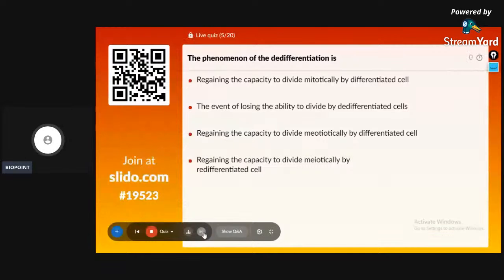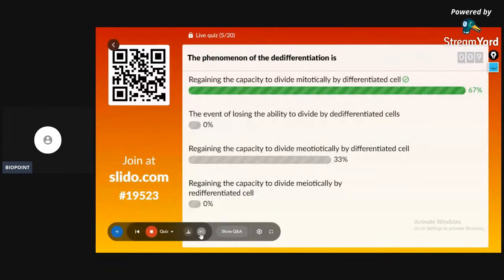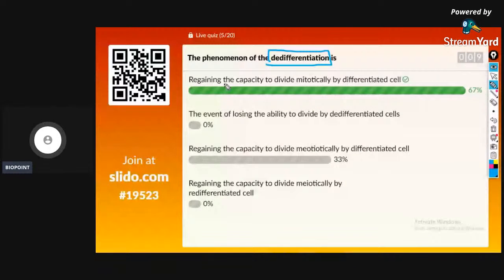Let's see the majority answer and the correct answer by 67% of the students. The phenomenon of de-differentiation is the regaining of the capacity of division, mitotically, by differentiated cells.